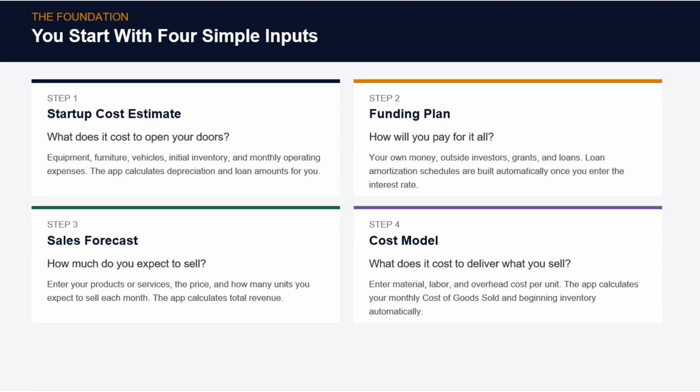That means when you do your startup cost estimate, you can export it as a PDF file. All 4 of these steps will be free because I don't want you to be hindered by anything, because you've got to get this right. You've got to spend time on this. And I'm going to make it free. There'll be PDF reports for all 4 of these.